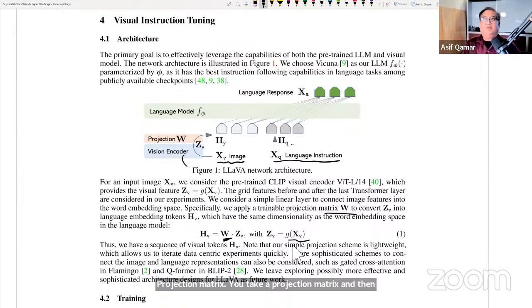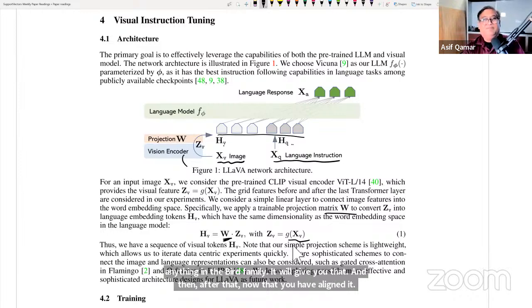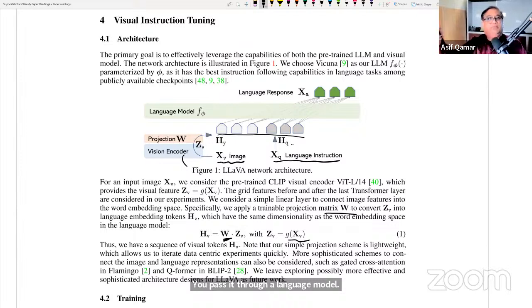Text encoders are, of course, the standard. Use anything in the BERT family, it will give you that. And then after that, now that you have aligned it, you pass it through a language model. Here they took Vicuna and fine-tuned it. And in subsequent work, they replaced it with Llama and so on. Then the response that you expect is this. This is all that there is to it.